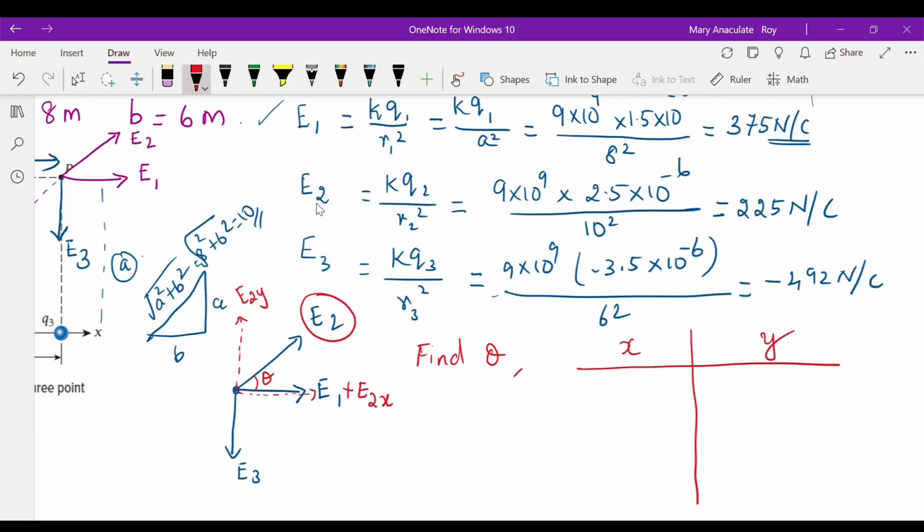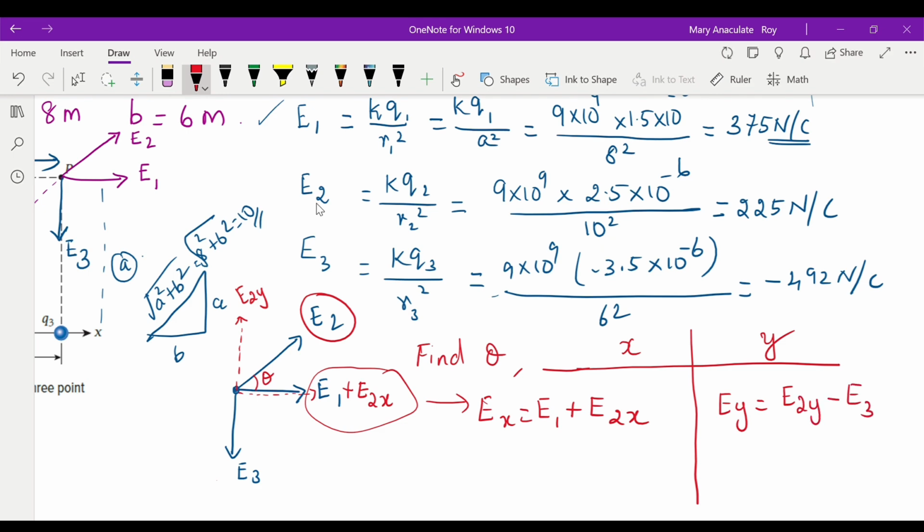So when you're putting it in the formula, Ex is equal to E1 plus E2x. I've taken this and put it here. That's your x. But for Ey, since they are in the opposite direction, E3 is down, so Ey will be E2y minus E3, because they are in opposite directions. First we'll find theta and then come back to this equation.